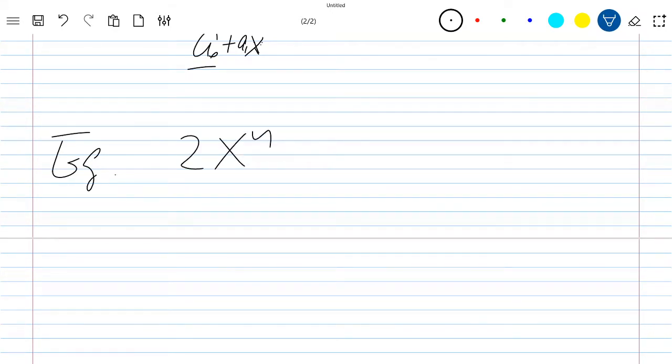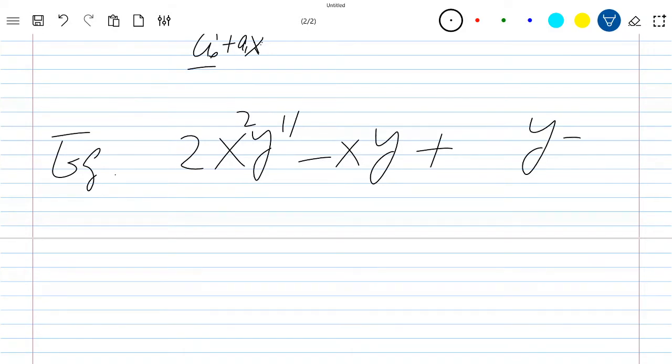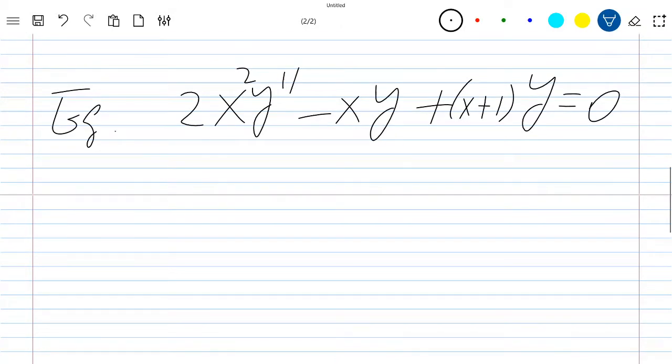2x squared y double prime minus x y plus, if we just say y, and this is Euler equation, right? Let's make it a little bit different. So this is not Euler equation. But when x is very small, this is essentially 1. So it's like an Euler equation.